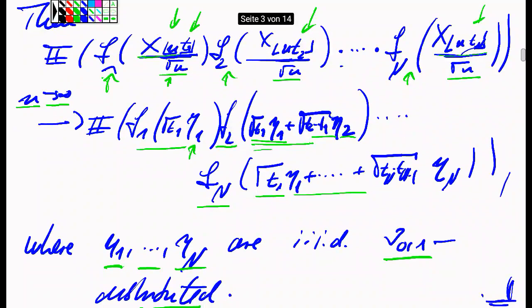So this first argument of the function f1 is basically the position of the scaled random walk at time t1. And this second argument for the second function stands for the sum of the position of the scaled random walk at time t1 plus the displacement that has occurred in the time step between t2 and t1.